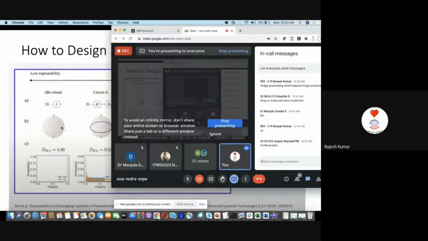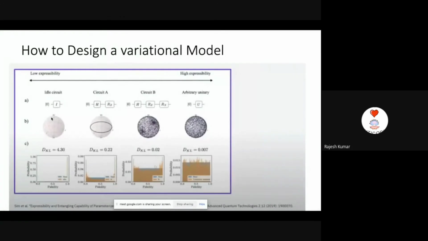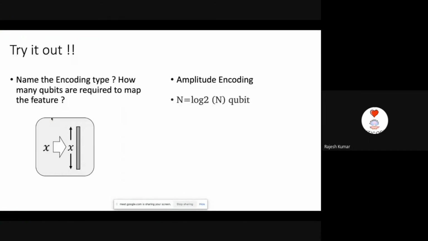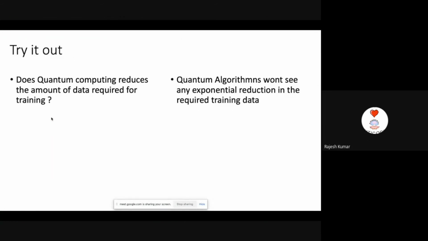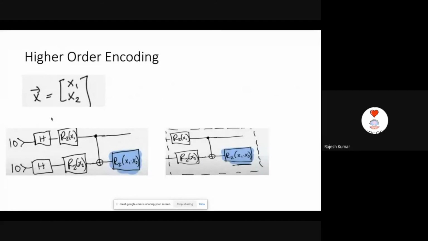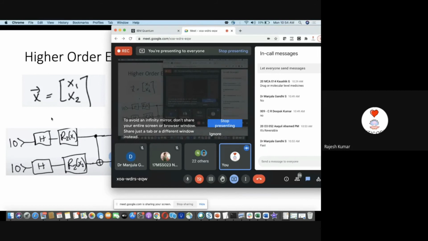But let's start from a little basic. Why do we need a quantum circuit? Fast. Okay. Any other response?